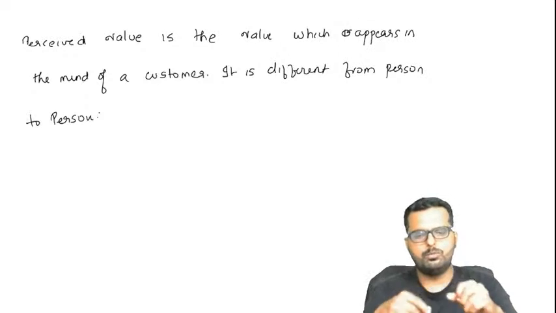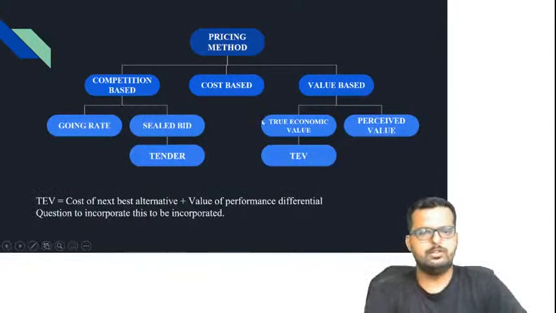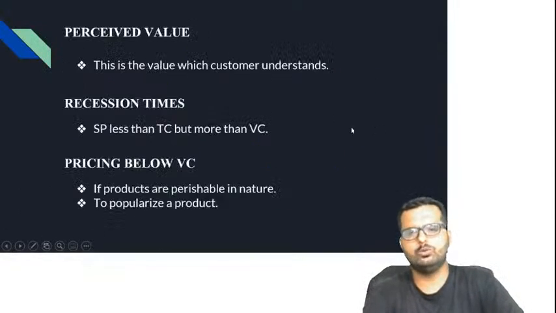Alright friends, I believe you have all put up till here in your books. Can I go to the next part now? Okay. So we are done with what is the perceived value and what is the true economic value also.